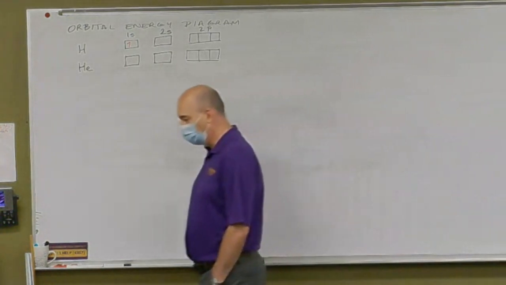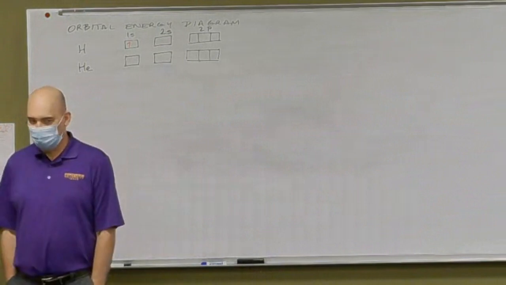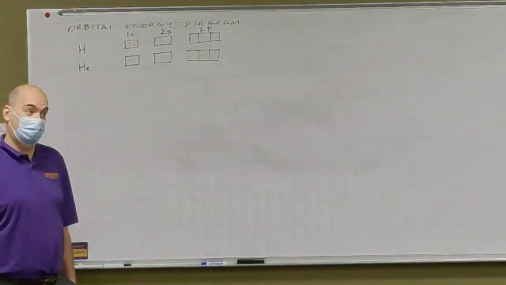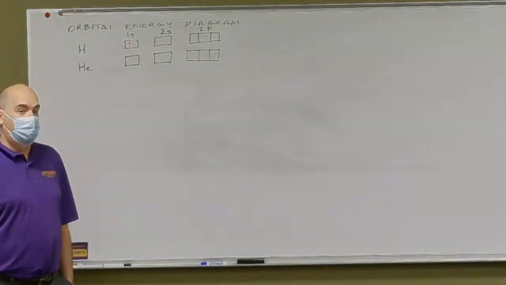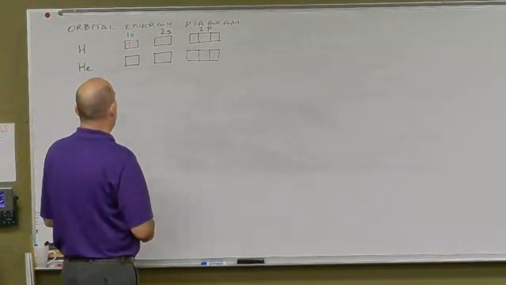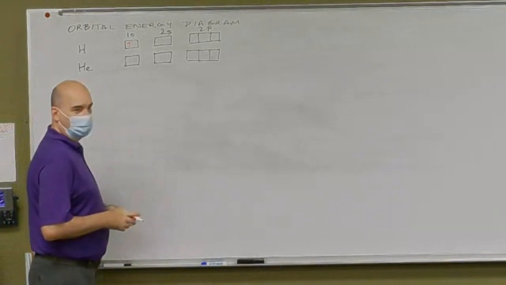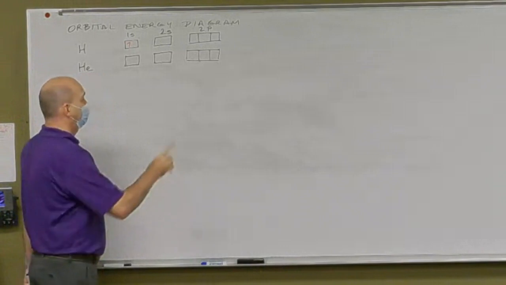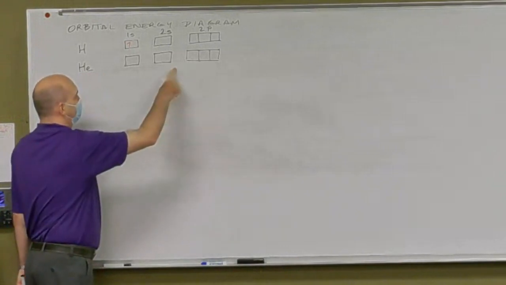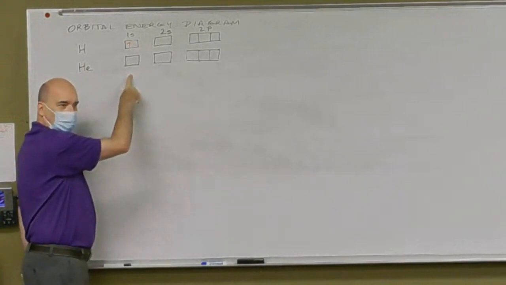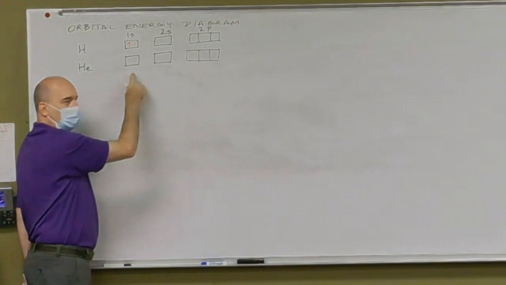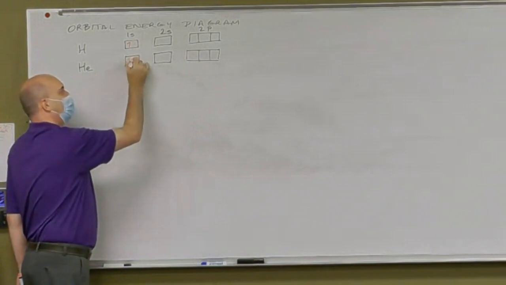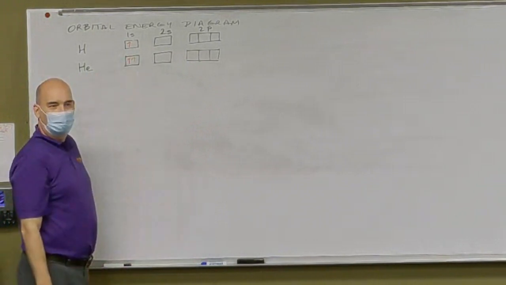Helium is position 2 on the periodic table, which means it has 2 protons, which means it has 2 electrons. I need to fit 2 electrons somewhere in these boxes. Aufbau says, don't you go start using these until this one is full. So I have to fill that one. So I put 2 electrons in the box. Right?